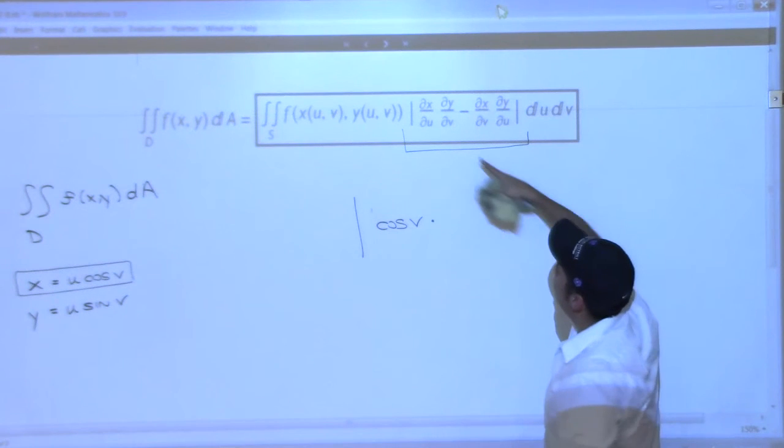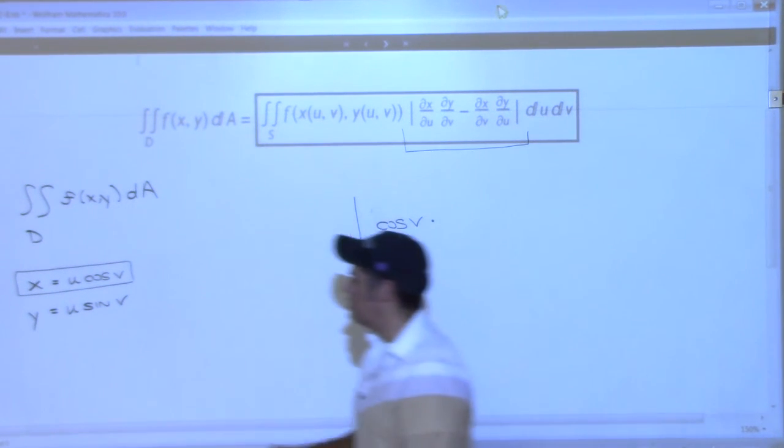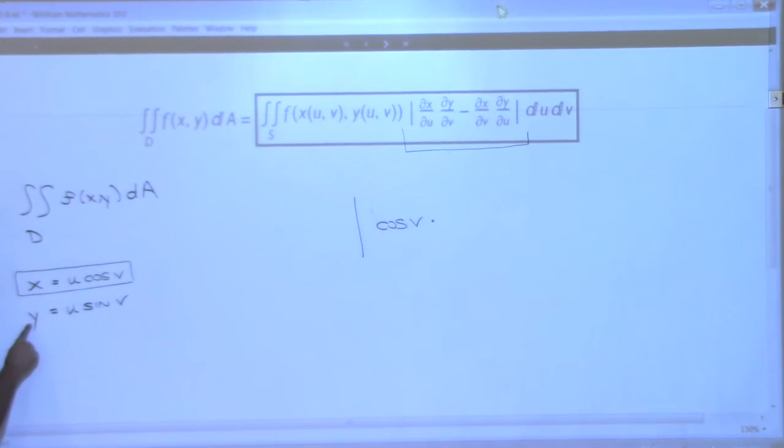Times, now, the partial of y with respect to v. So what is the derivative of this thing with respect to v? Careful, I think you're antiderivating. Oh, u cosine v. Yeah, u is going to come for the ride, because u is a constant this time. The derivative of sine v is cosine v, right? So we're going to have u cosine v.